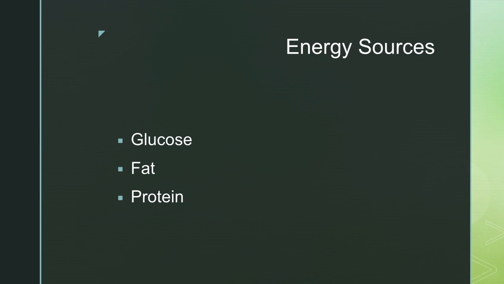There are a few other things that can be used as energy sources for cellular respiration: glucose, fat, and protein. Everything I spoke about before describes the process of carbohydrate catabolism for the production of ATP, which is glucose.